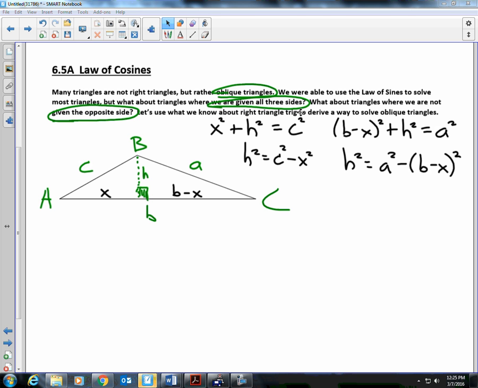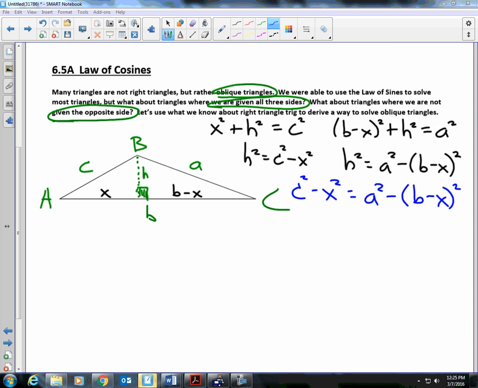If they're both equal to h squared, then they're both equal to each other. So now I can write this expression. C squared minus x squared is equal to a squared minus the quantity b minus x squared. What did I get rid of? Beautiful. Now I just have to get rid of the x. So let's do that.